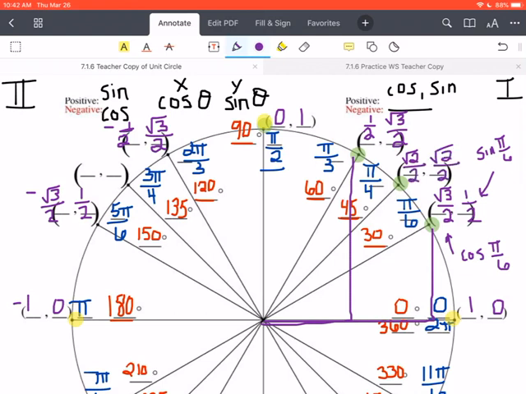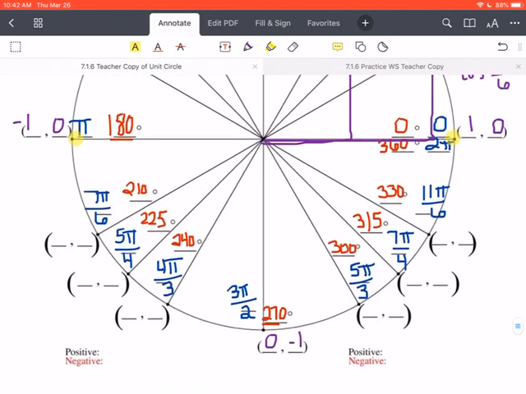We love the first quadrant because both are positive. Now it's the same exact triangle for 3 pi over 4, root 2 over 2, root 2 over 2. But I have to go backwards in my x direction, so that x value, that cosine, is negative. So now all the values are the same.